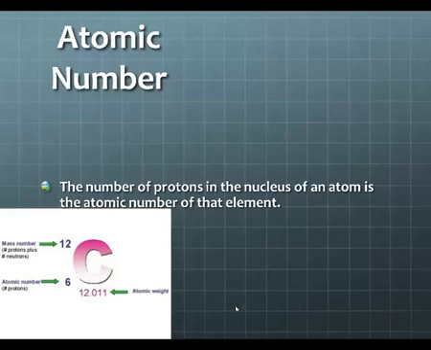So for example, carbon, its atomic number is 6, therefore it has 6 protons inside the nucleus. The mass number of 12 tells us the number of protons plus the number of neutrons.